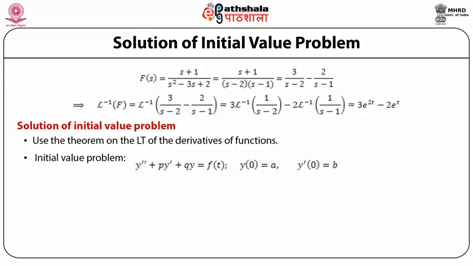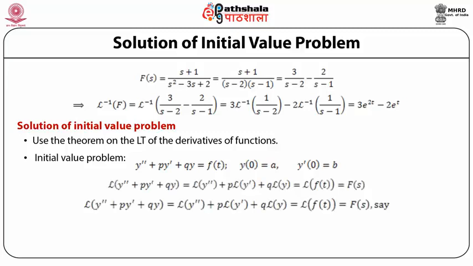To solve the initial value problem, we take the Laplace transform of both the sides. So, Laplace of y double prime plus p y prime plus q y is equal to Laplace of y double prime plus p times Laplace of y prime plus q times Laplace of y.